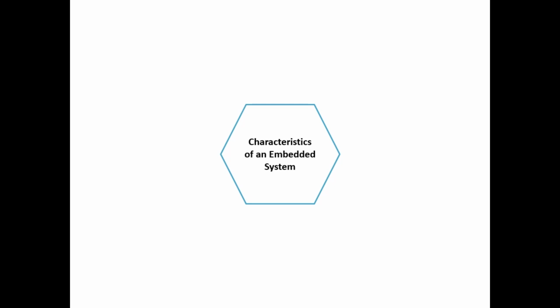Unlike a general purpose computing system, embedded systems possess certain specific characteristics, and these characteristics are unique to each embedded system. So in this video, let us try to find out some important characteristics which will define these embedded systems.